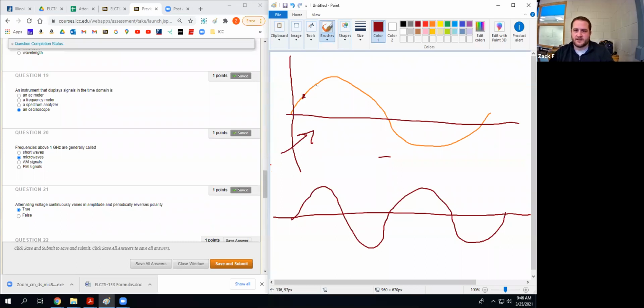So this amplitude is less than this amplitude, is less than this amplitude, and then it starts to go back down. So the amplitude is continuously changing, and periodically, does it reverse polarity? Yep, it's going in one direction here, it's going in the other direction here.